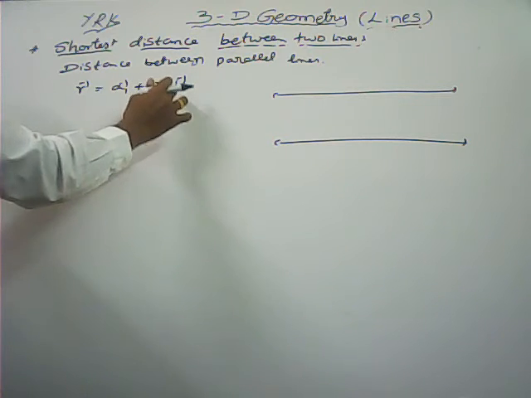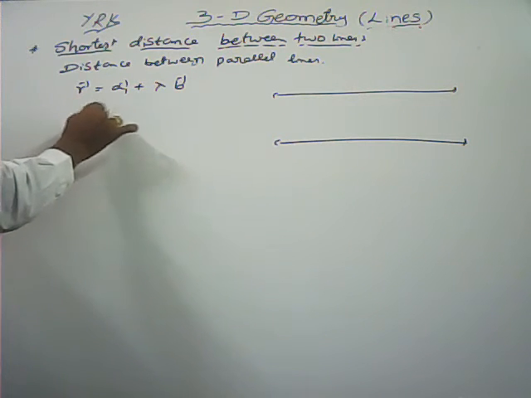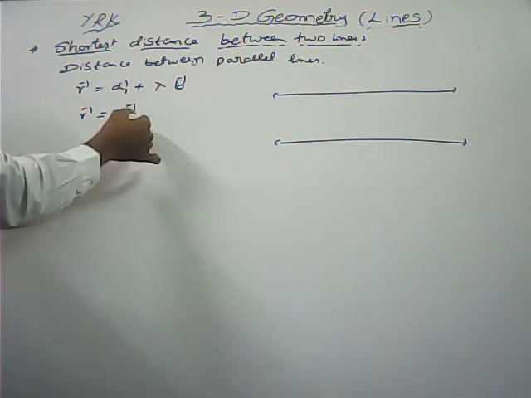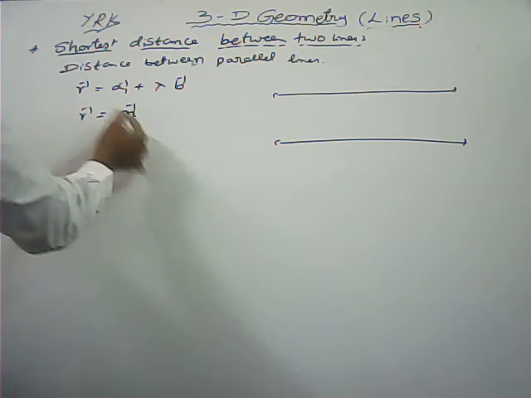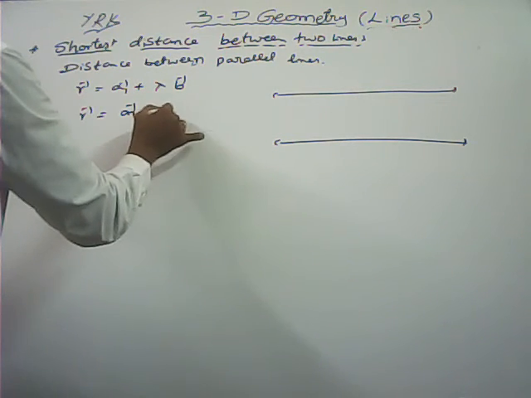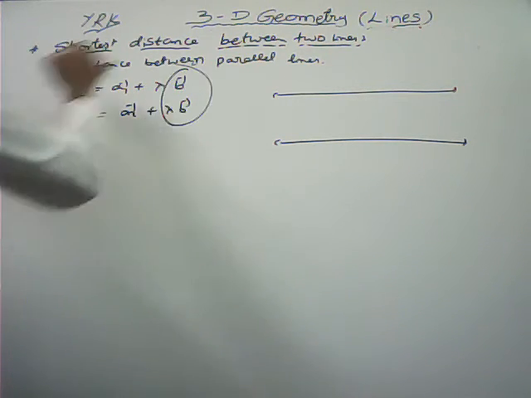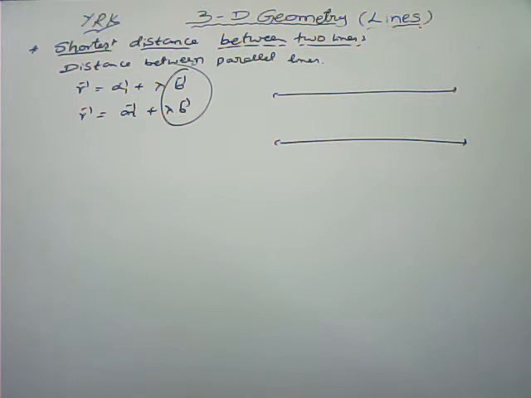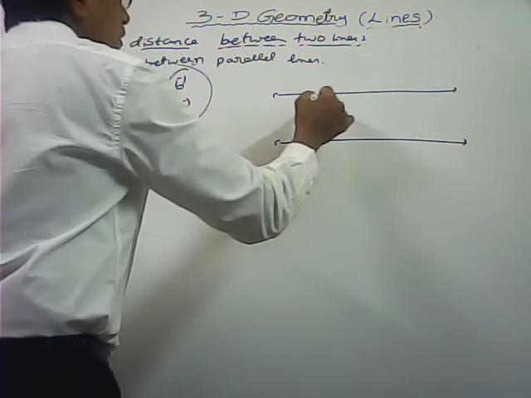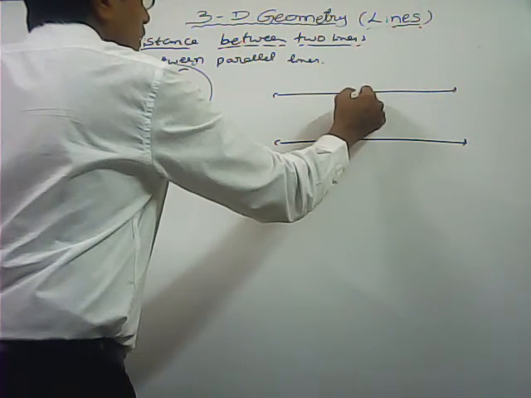So whatever we take in the second line, we take the same: passes through the point B whose position vector is A2 bar, plus lambda B bar. Both having the same direction ratios, then we can say both the lines are parallel.